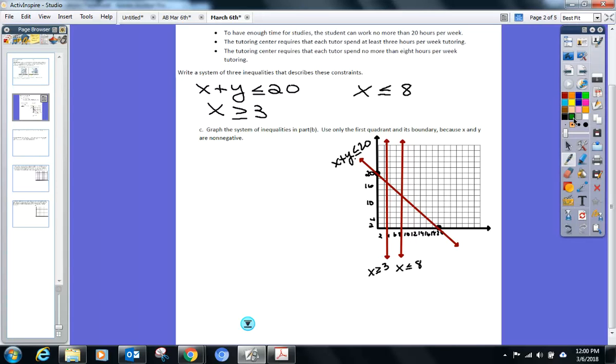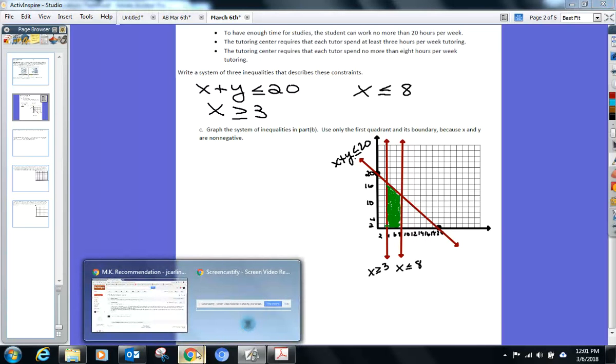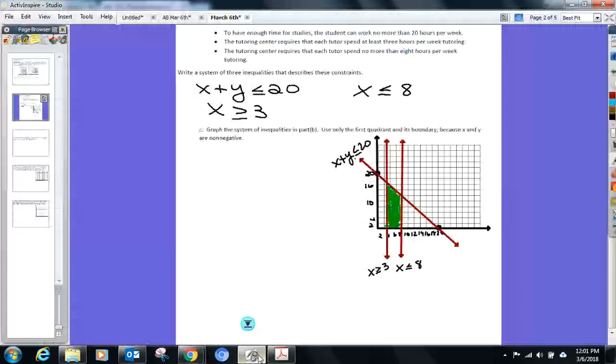Figure out where we're shading. Got the shaded region there. We're all good. Got to move on here. There's my shaded region.